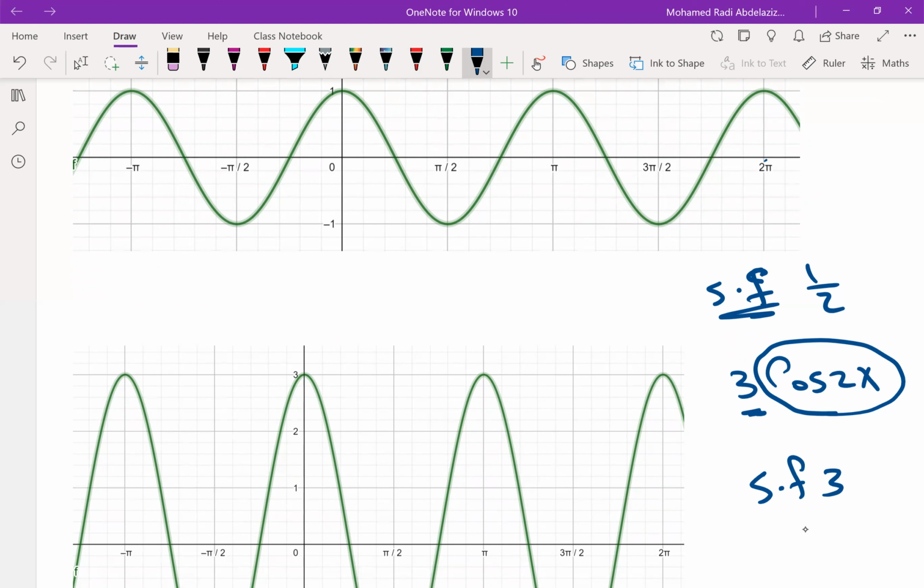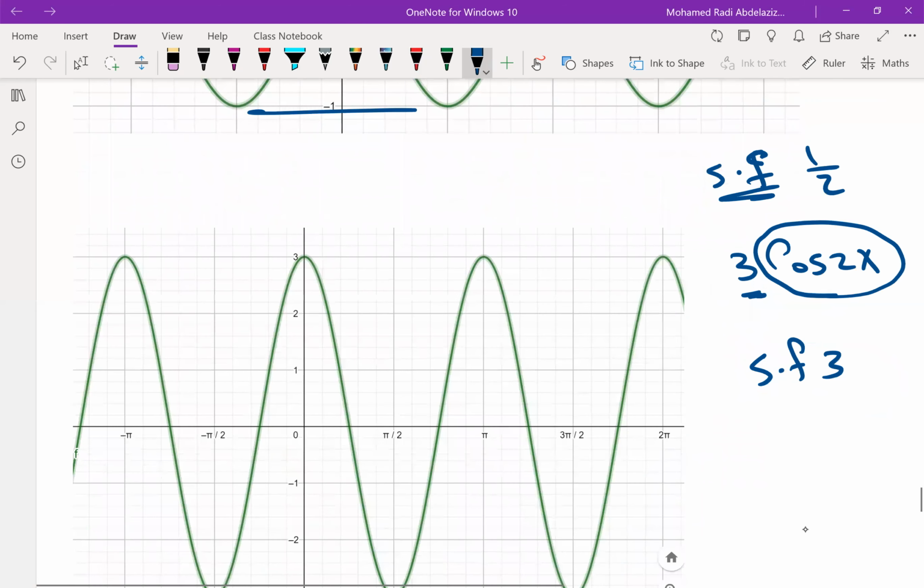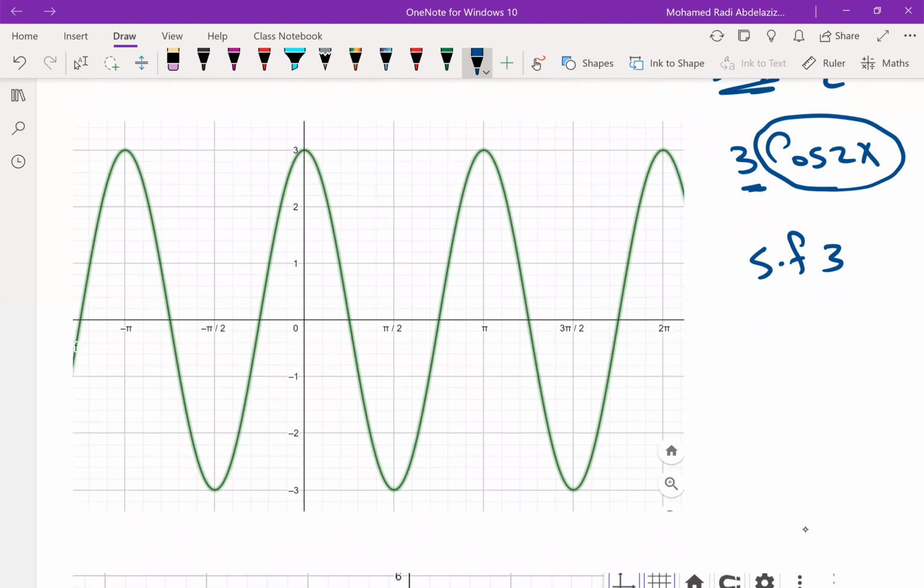We stretch the function from -1 to +1 so that it becomes from -3 to +3. So the graph of this function will be 3, 0, minus 3, 0, 3. Continue: 3, 0, minus 3, 0, and 3. So now, what is the range of this function?